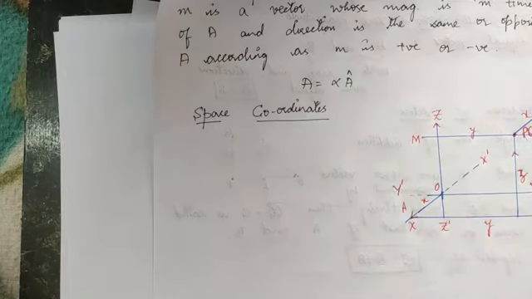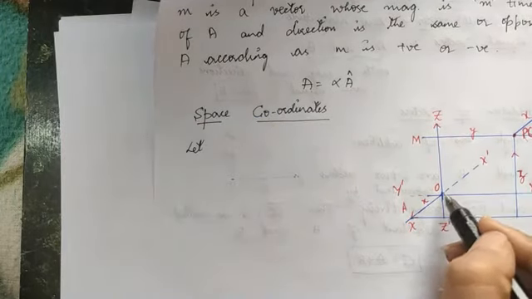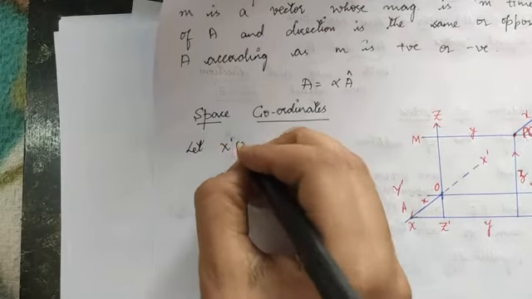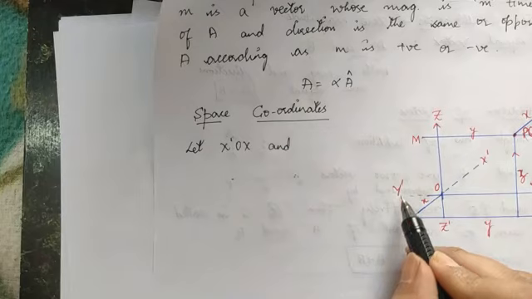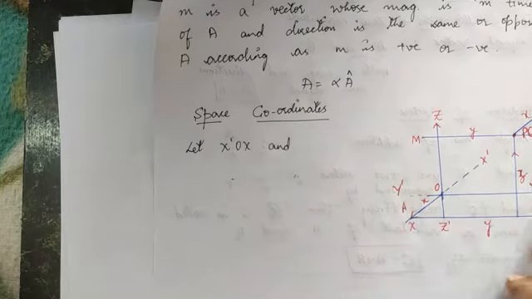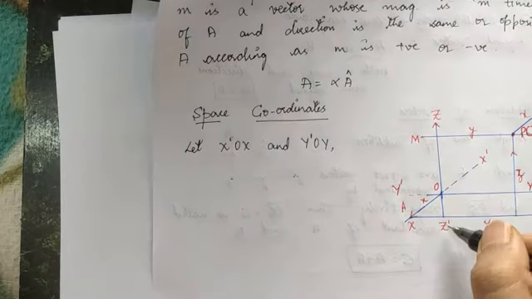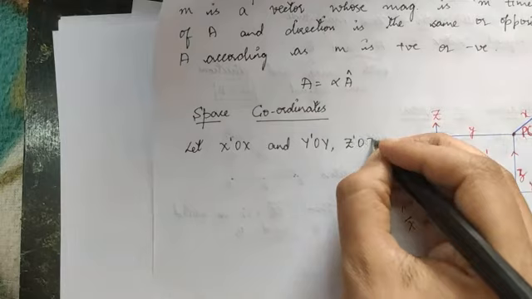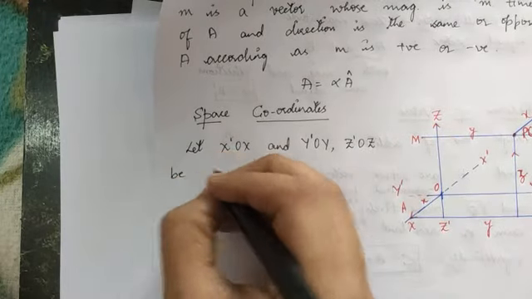In this, let X'OX, Y'OY, and Z'OZ be three lines.